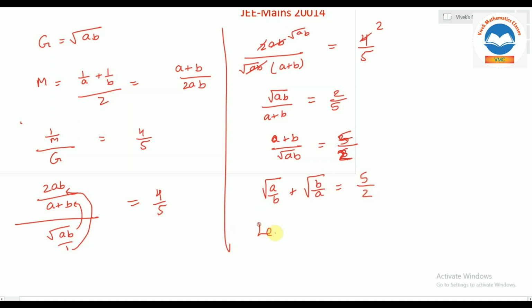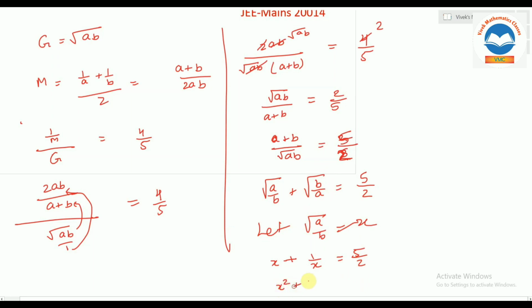So what I will do, I will assume let root of a by b equal to some x, because we know that if root of a by b will be x, then root of b by a will be 1 by x. So we can write this will be x plus 1 by x will be equal to 5 by 2. We will get a quadratic.